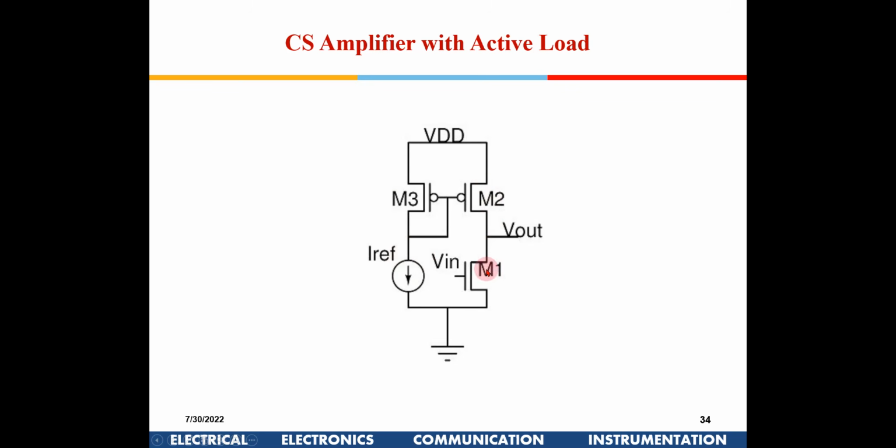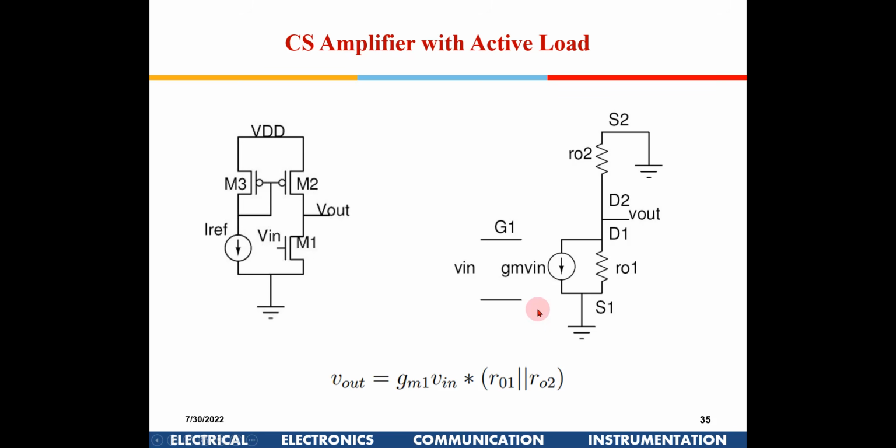So that current which is used for biasing this transistor will be independent of temperature and VDD variations. You just have to give some VGS value here to cater for that current. Even if that varies, this current will remain constant. So this is known as a current amplifier with active loads, right?